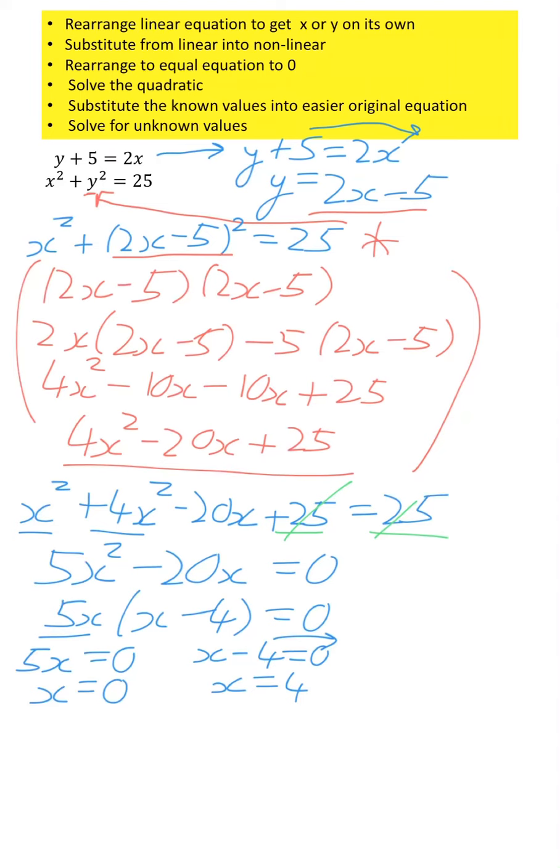So we need to substitute these back now into one of the original equations. So nearly 99% of the times it'll be easier to sub into the linear equation. So we've already rearranged that to y equals 2x minus 5. So let's write that down here.